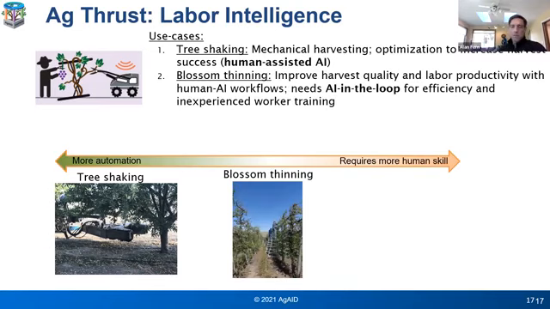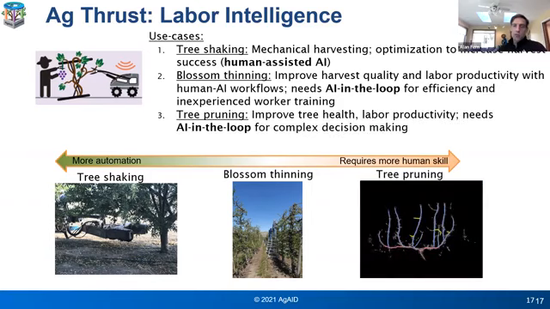Blossom thinning. This is a major task that can help improve the crop yields and productivity, but it's a major time sink as far as labor goes. You could do as much of this as you had resources for, but they just don't have enough experienced people to do it. And then tree pruning.